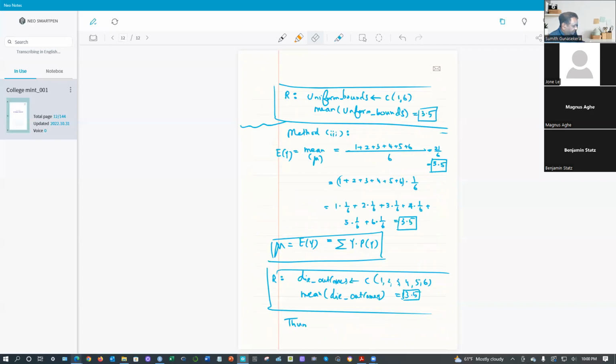Okay, I'm going to show you another one. In this setting, this is how we write. Y tilde. Tilde means is distributed.